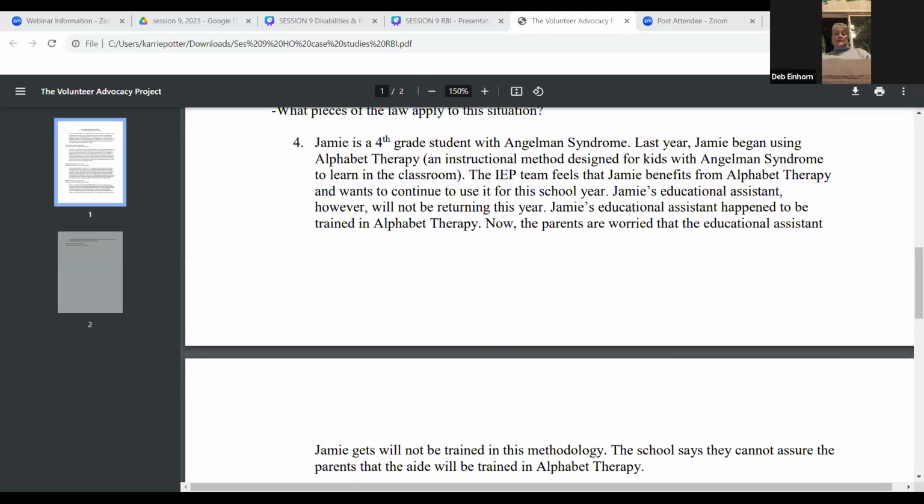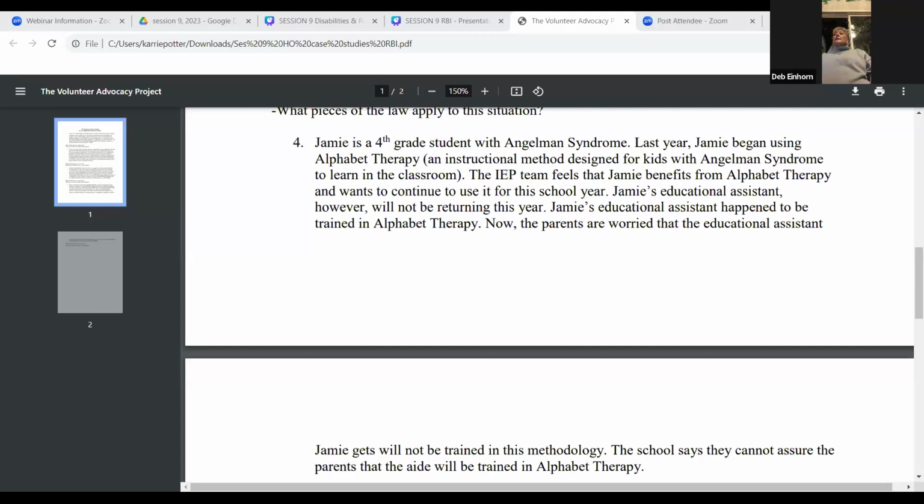Jamie's educational assistant happened to be trained in alphabet therapy. Now the parents are worried that the educational assistant that Jamie gets will not be trained in this methodology. The school says they cannot assure the parents that the aide will be trained in alphabet therapy. So what would an advocate do in this case?